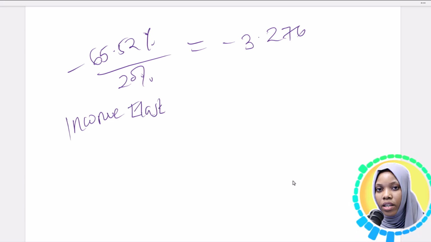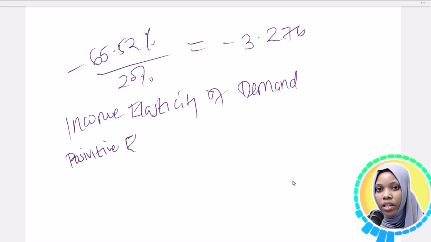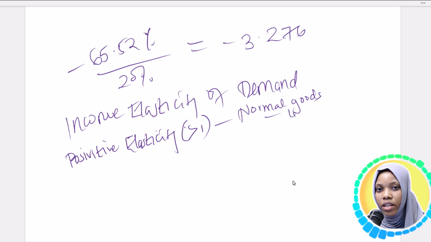Now for the income elasticity of demand, graph. Positive elasticity gives us an elasticity of greater than 1, and it's for normal goods, which is luxury or necessities.